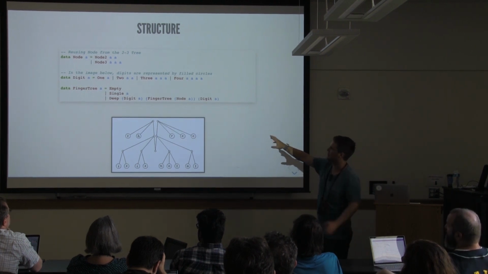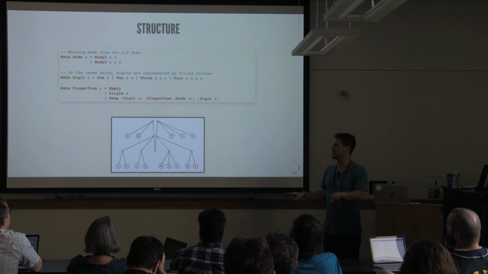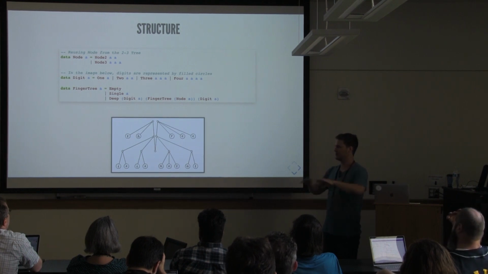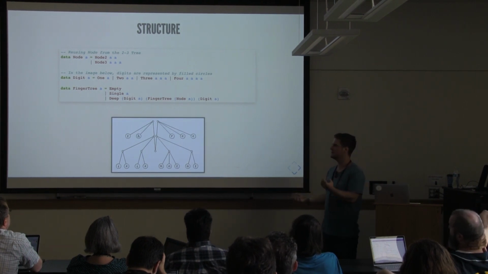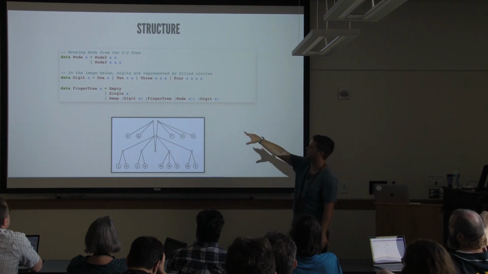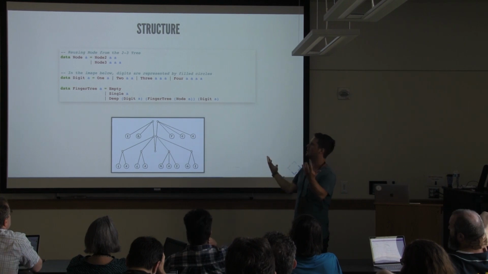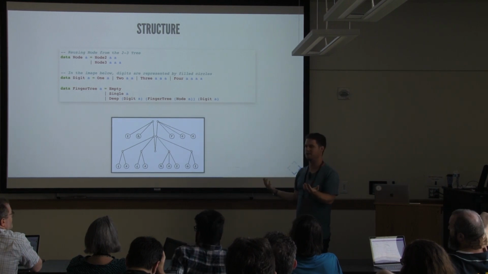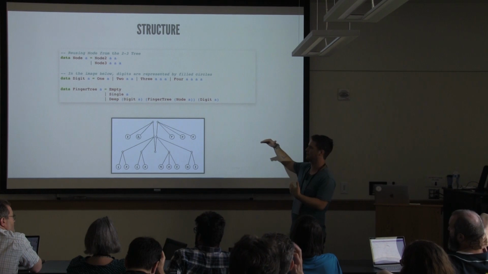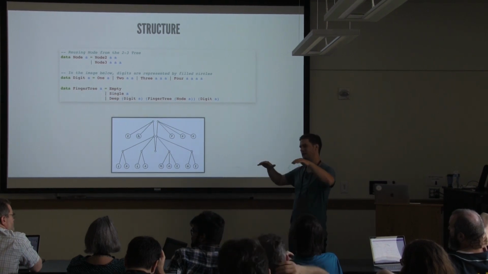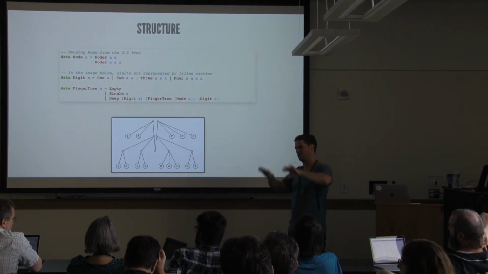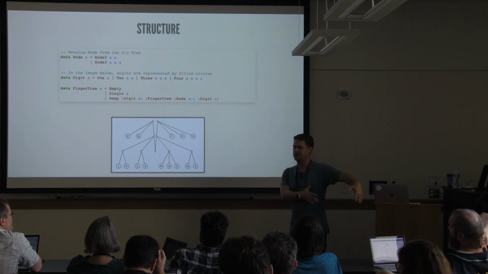The difference is that rather than waiting till we get to the end of the tree, like in that 2-3 tree, to have leaves that have values, we actually put values right at the top. So the very first instance of deep here has these digits which are some between 1 and 4 values. So they actually are accessible from the very first level of the tree, rather than descending all the way to the end to get those.